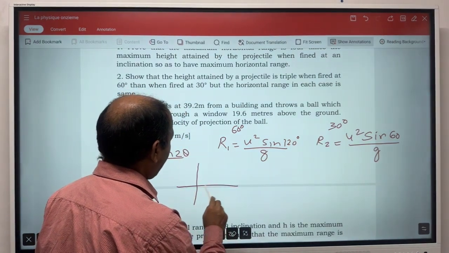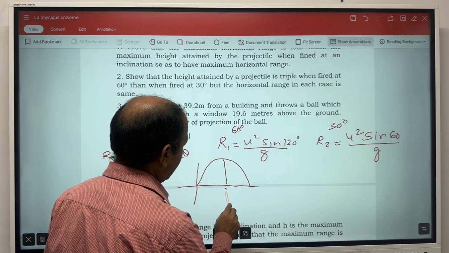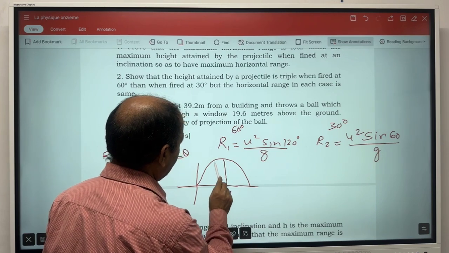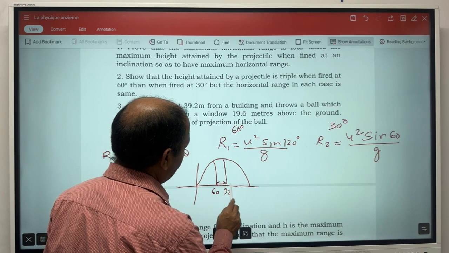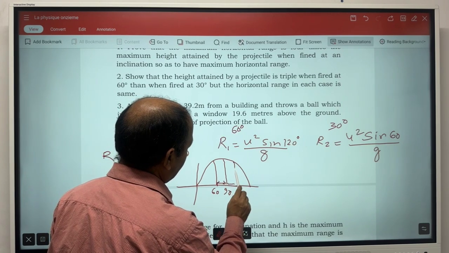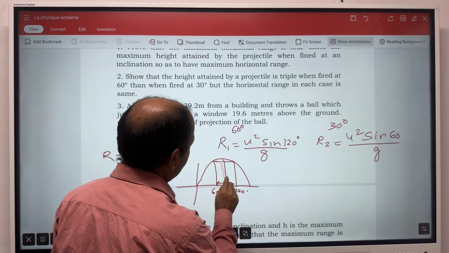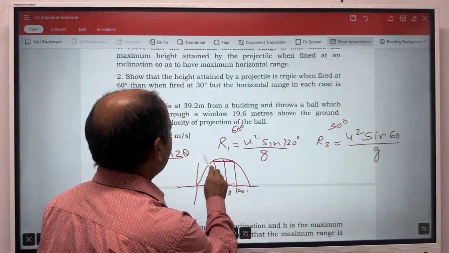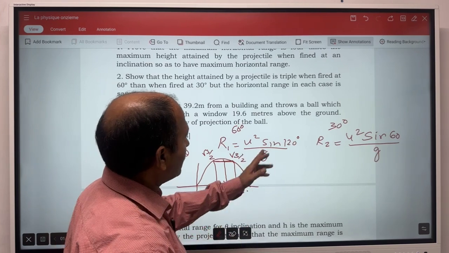If you remember the graph, it's like this. This is 90 degree, this value is 60 degree, and gap of 30. So keep gap of 30, you will reach at 120. Here these two values lie at the same height. This is root 3 by 2. This is also root 3 by 2.